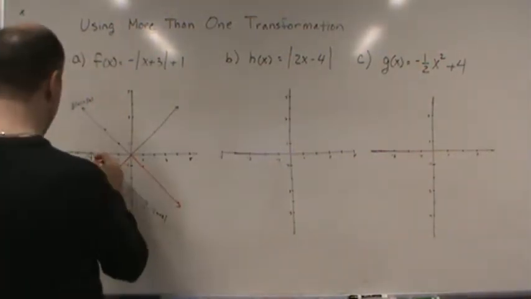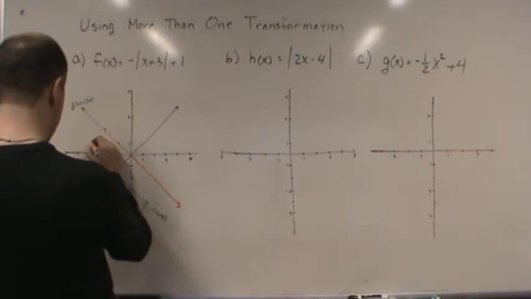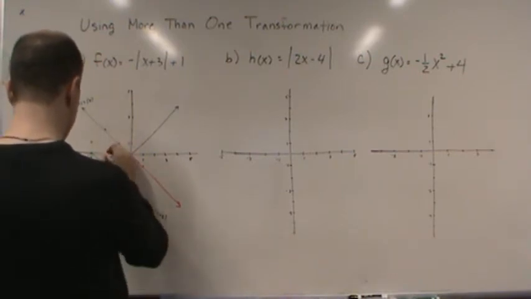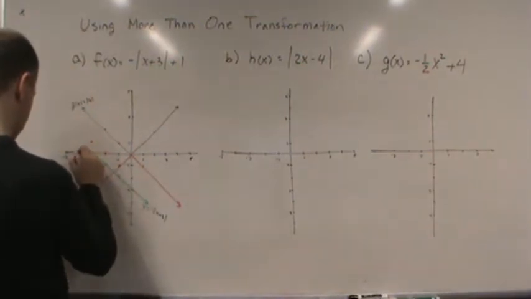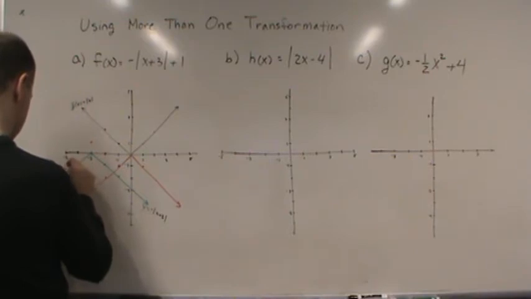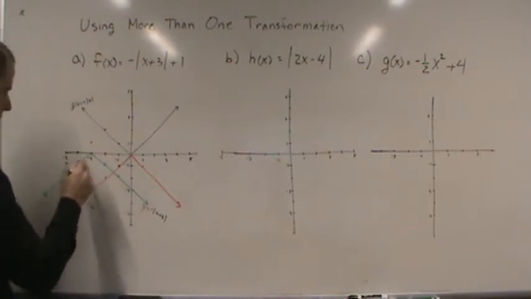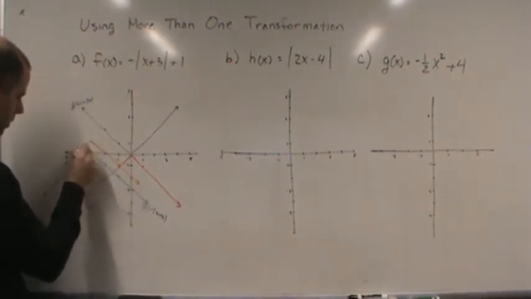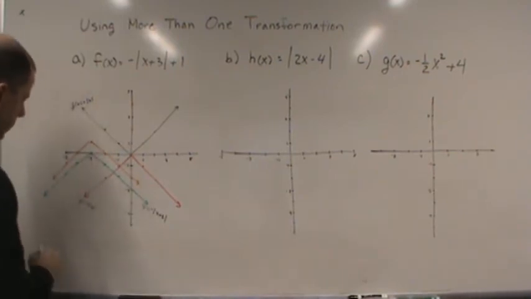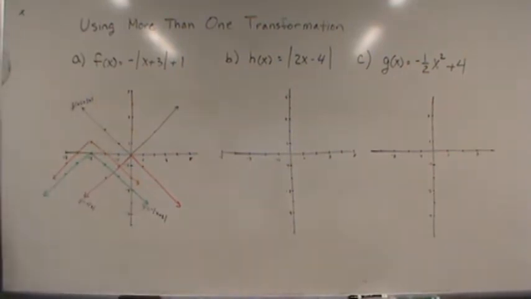So now we're going to move this up to here, like that. And so this is going to go like this. And so our final function is this one right here.